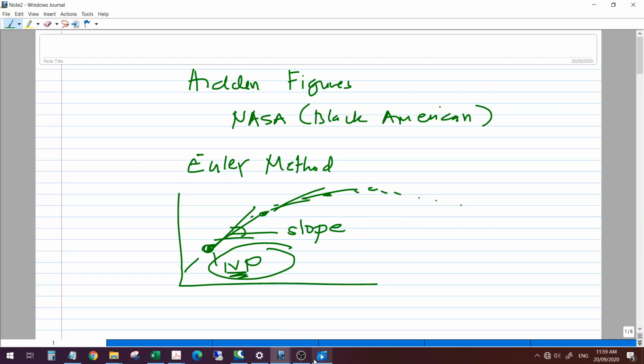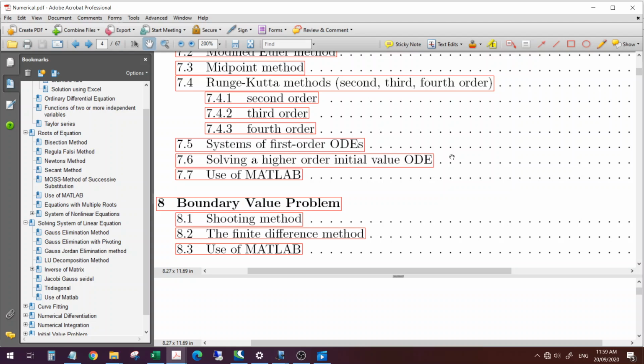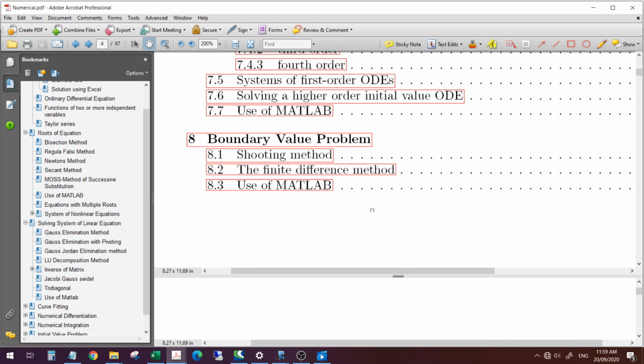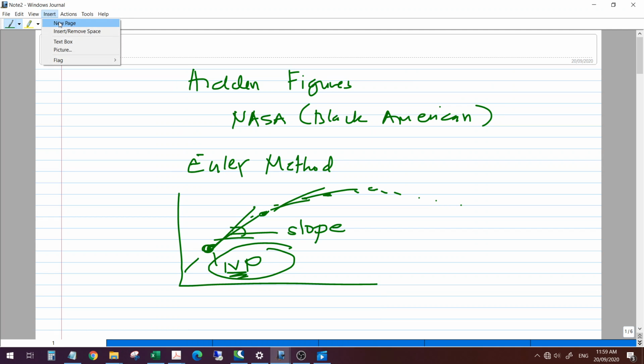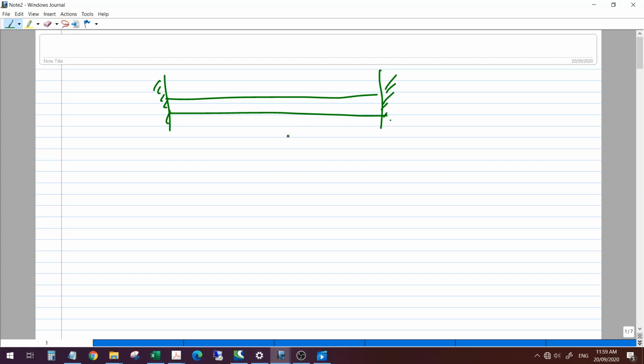Basically ganun lang yung idea. Yan. So kung may initial value problem, may boundary value problem naman. Now, wherein sa boundary value problem is say ito, no? Say fixed beam. Yan. Fixed beam.